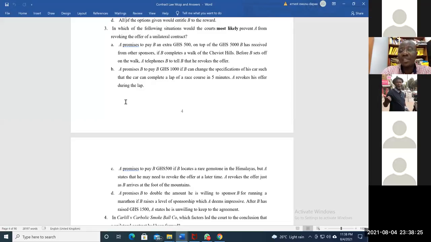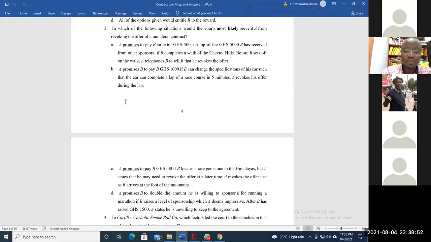A telephones B to tell B that he revokes the offer. B: A promises B to pay 1,000 Ghana cedis if B can change the specification of his car such that the car can complete a lap of a race course in 5 minutes. A revoked his offer during the lap.